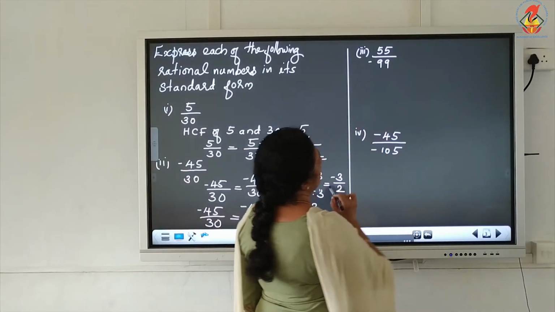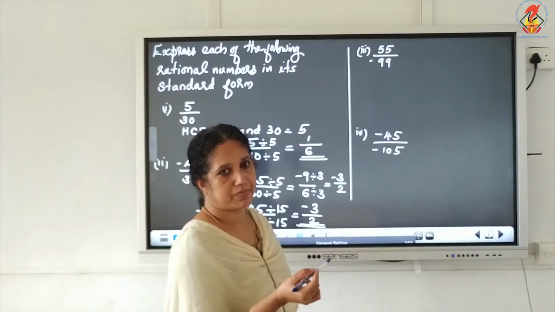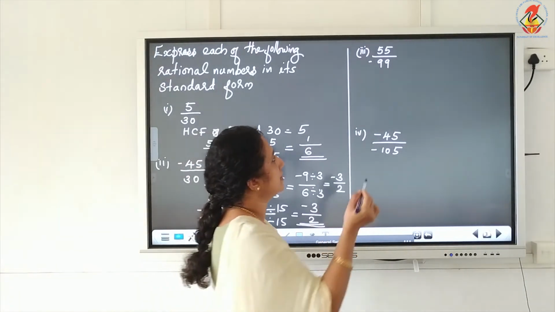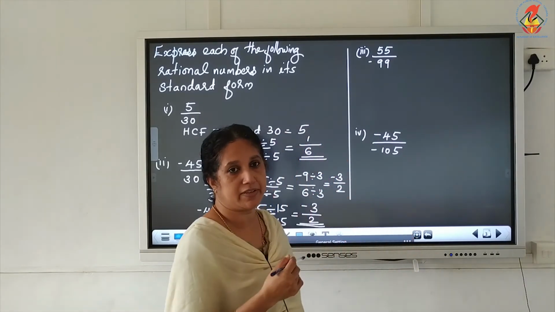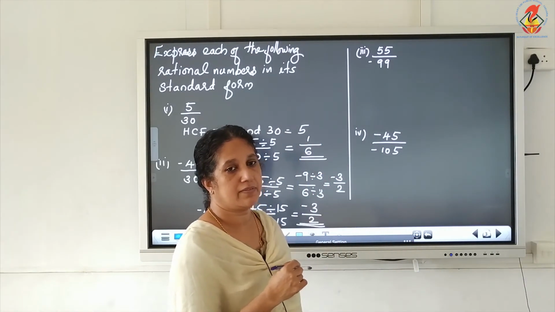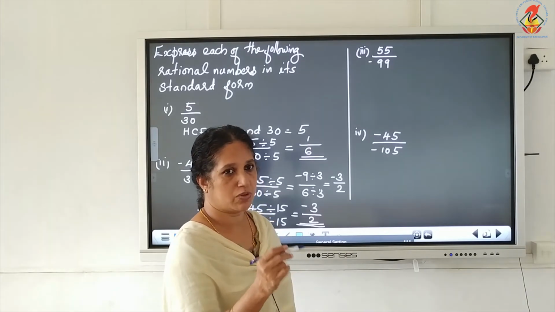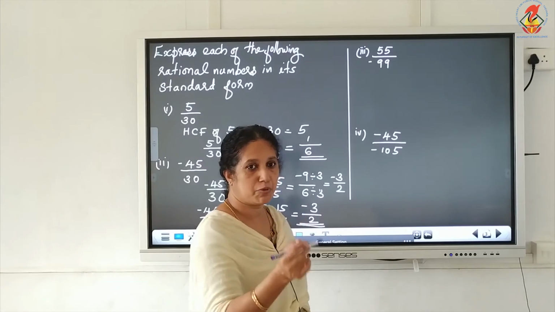Next, 55 by negative 99. The first condition is whether the denominator is a positive integer. Now, look at the denominator, whether it is a positive integer? No. So, first of all, you have to make it a positive integer.